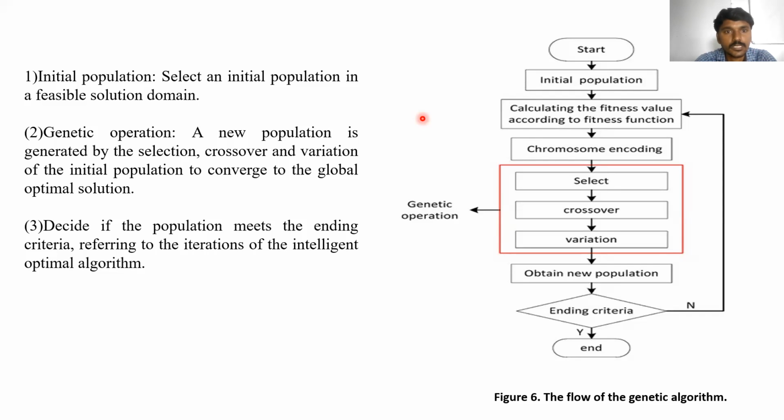Genetic operation: a new population is generated by the selection, crossover, and variation of the initial population to converge to the global optimal solution. Decide if the population meets the ending criteria, referring to the iterations of the intelligent optimal algorithm.